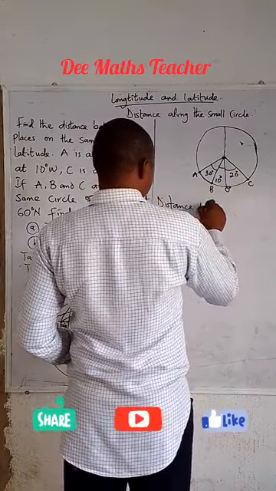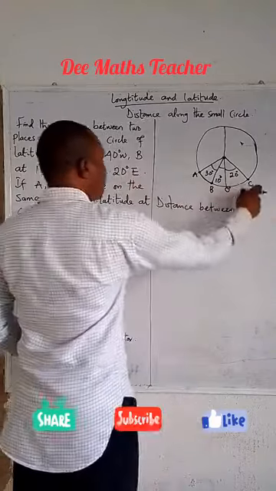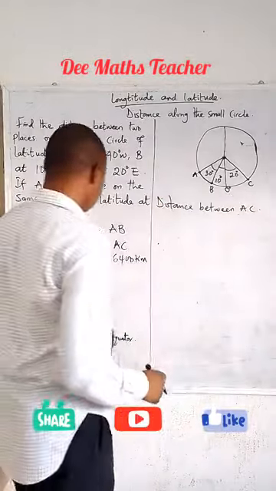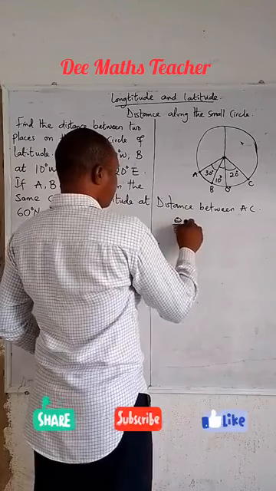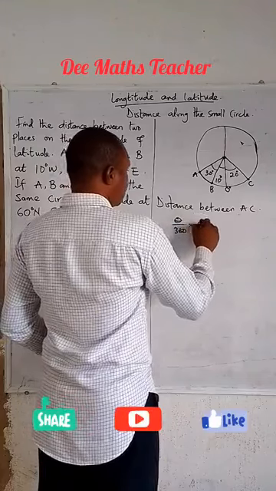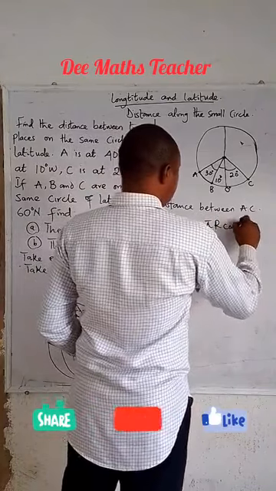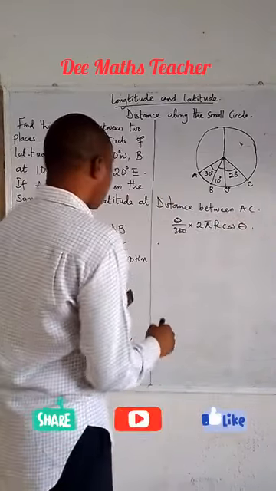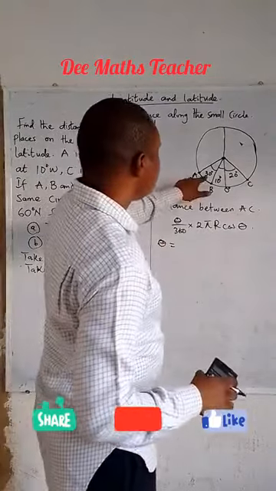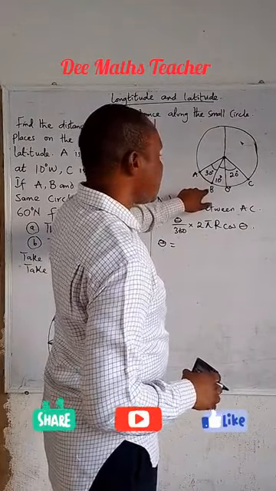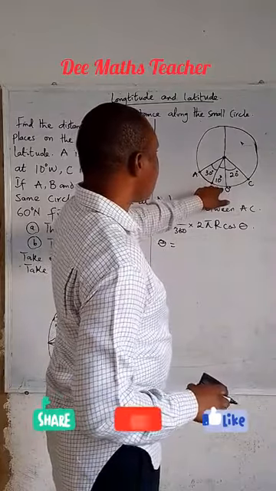Distance between A and C. Now, in this case, we are still using the same formula as theta over 360 multiplied by 2 pi big R cos theta. And our theta here is going to be, from A to B is 30 degrees, then from B to this line 0 is 10. So everything together will be 40.